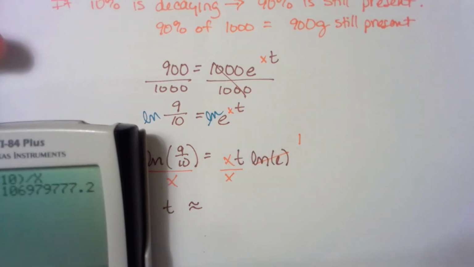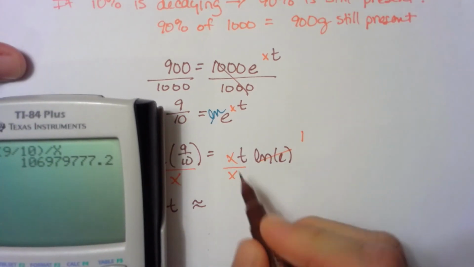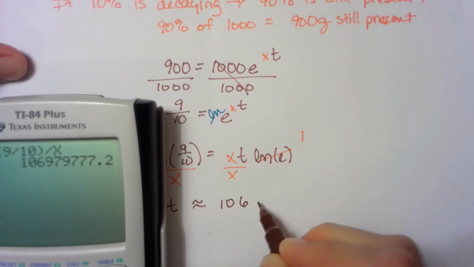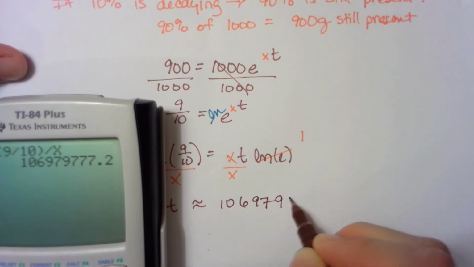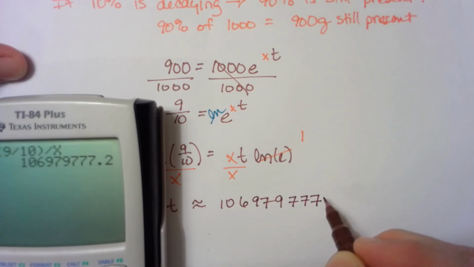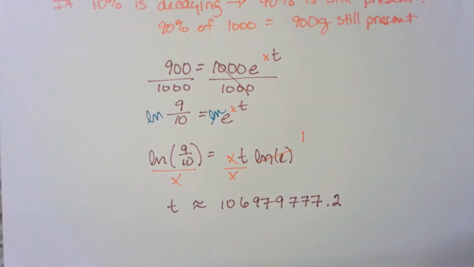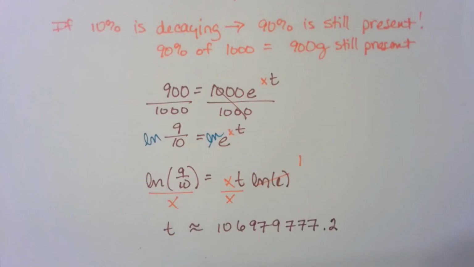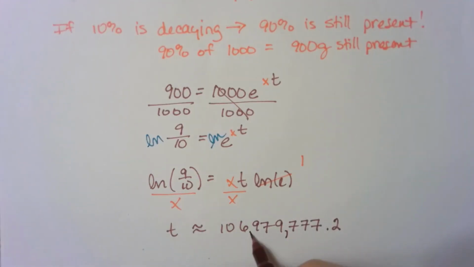Let's see if I can write all that down. 106,979,777.2. So what does that mean? Time is equal to 106,979,777.2 what?